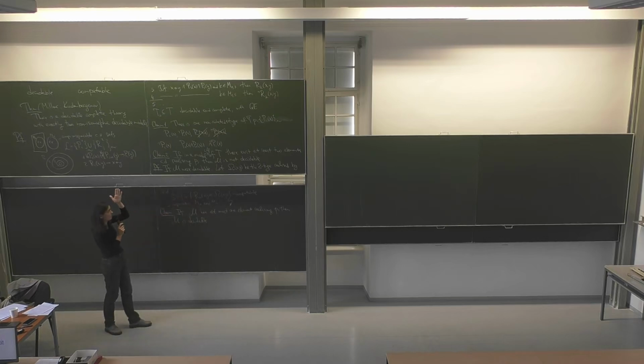So we have a decidable theory, consistent, complete, everything that you want. So it must have a computable type. So it must be a decidable model where this type is omitted, and a decidable model where this type is realized.